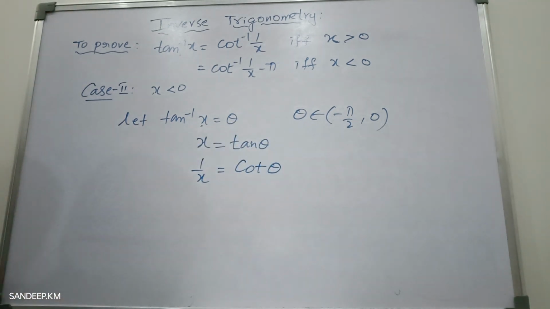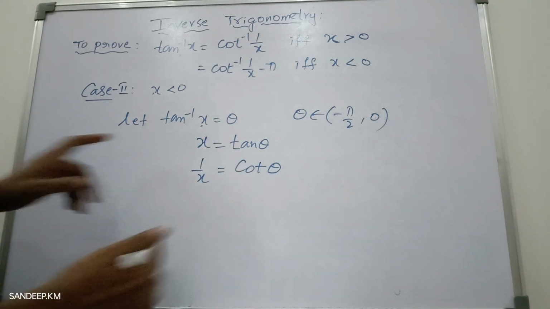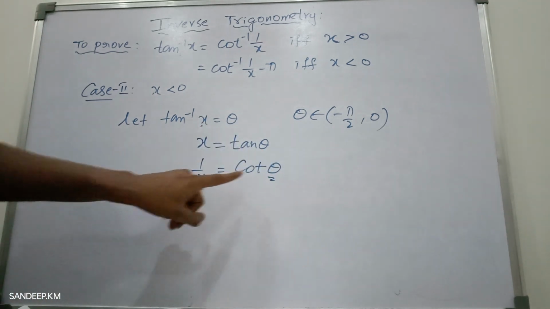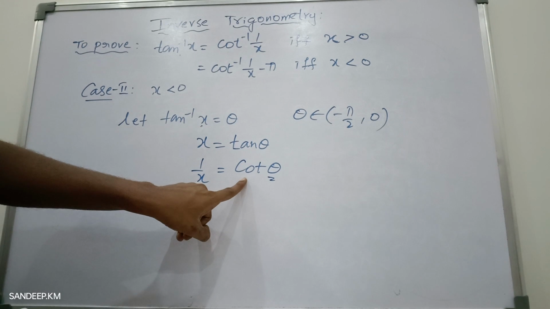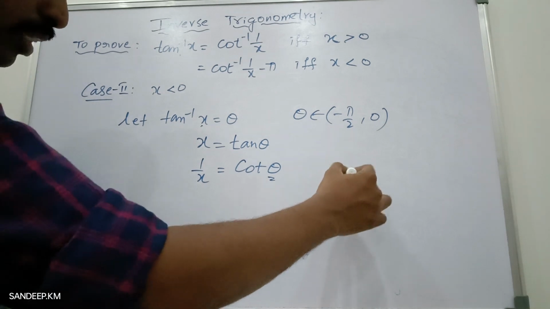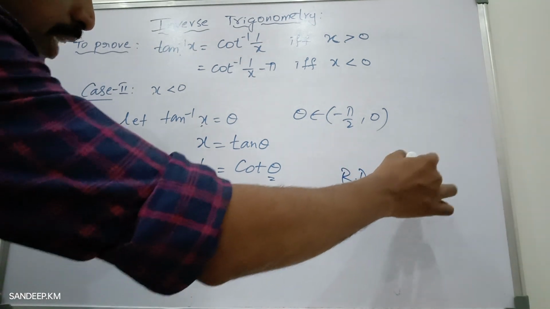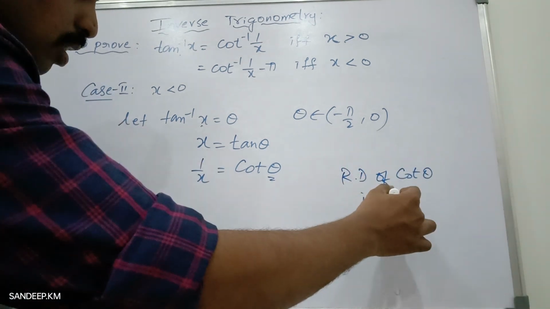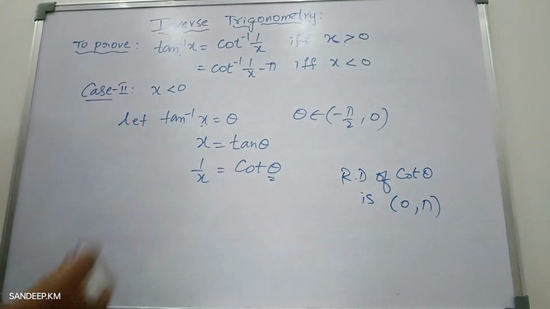Then a student will say, sir, I will take cot to the left side. No, not always. When can I take cot to the left side? When theta is present in the restricted domain of the cot function. What is the restricted domain of cot theta? It is between 0 and pi.